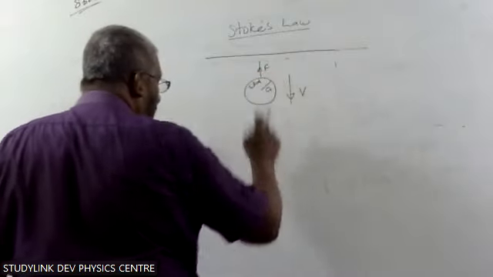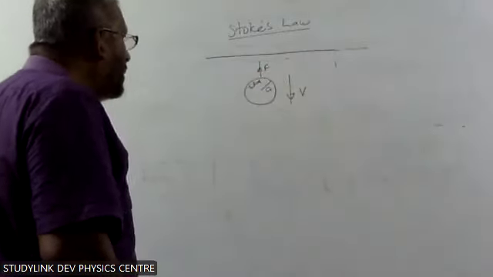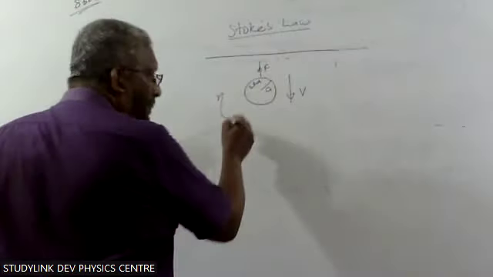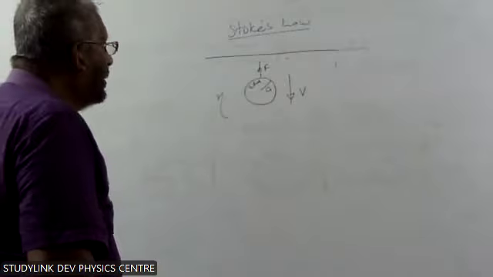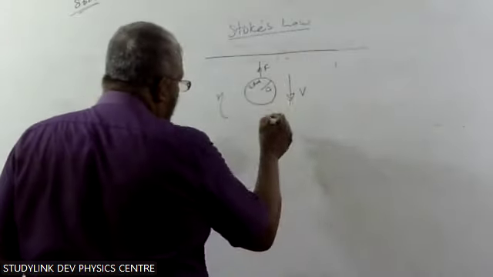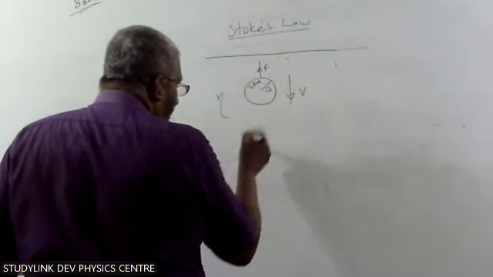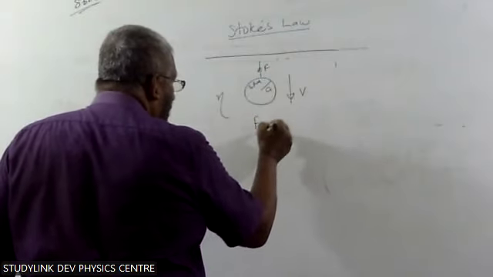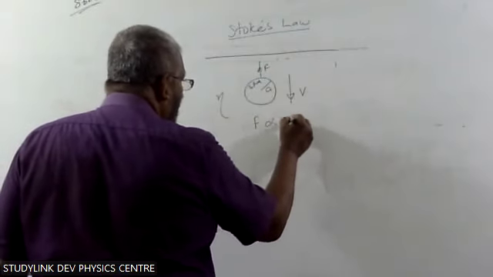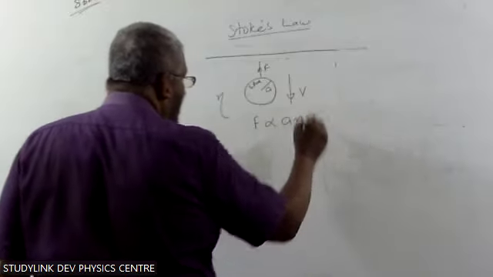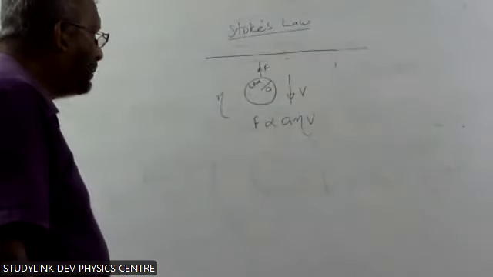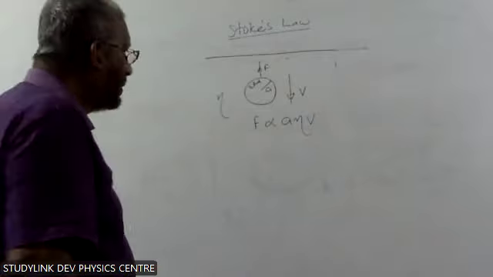But you know it can be applied for anything, but we'll prove it for the solid one. Now F depends on A, eta, and V. V is the velocity. I explained it earlier, therefore I directly wrote it.